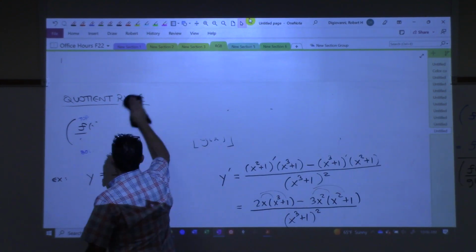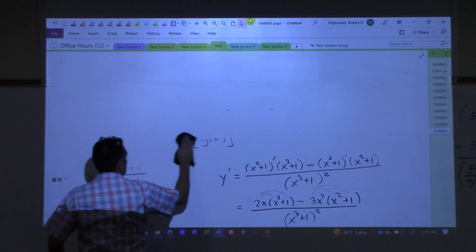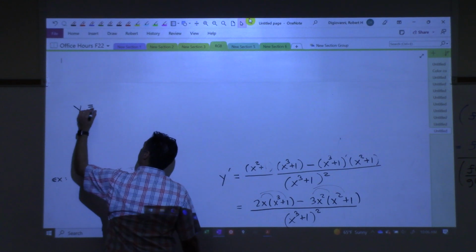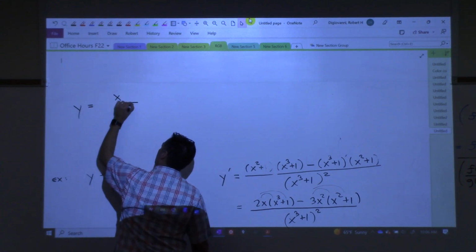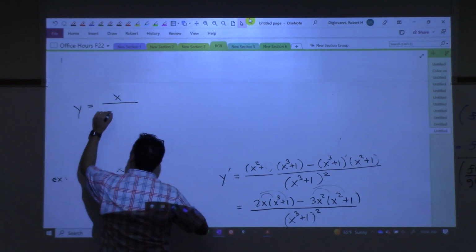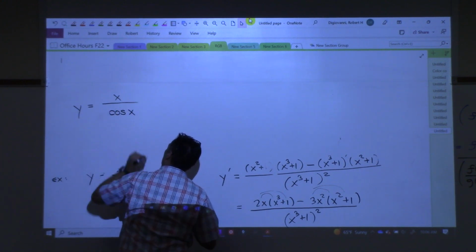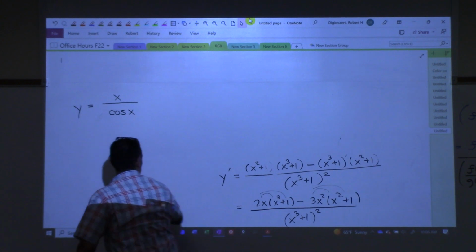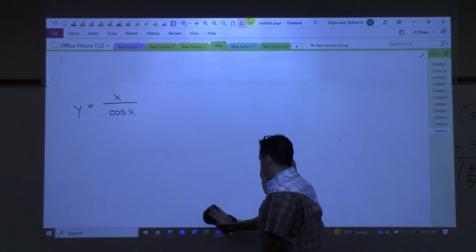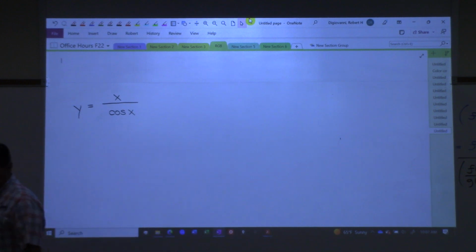I'm going to put the next problem on the board. I'm going to give you a minute just to see if you can get the raw derivative. Take a minute to see if you can write out the raw derivative of that.